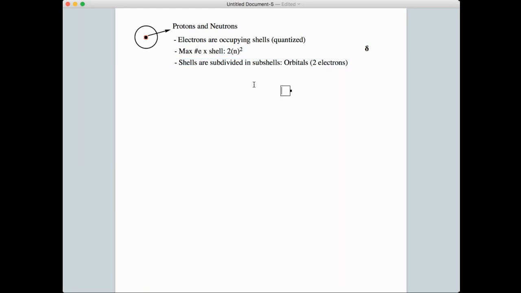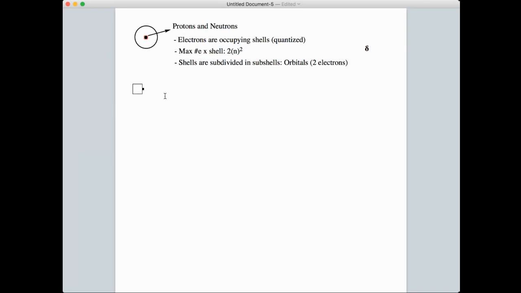And based on that, how many orbitals can we find in shell number 2? In shell number 2, the maximum number of electrons is 8, right? Because it's 2n squared. 2 squared is 4, times 2 is 8. So 8 is the maximum number of electrons that we can find in shell number 2.